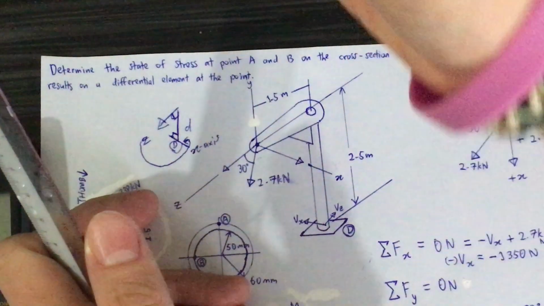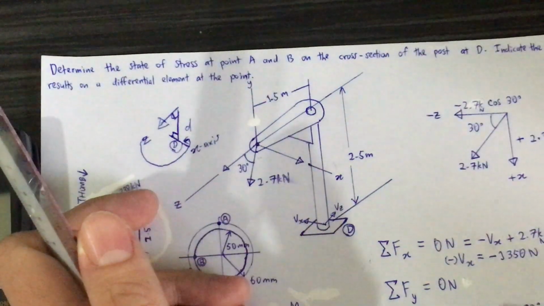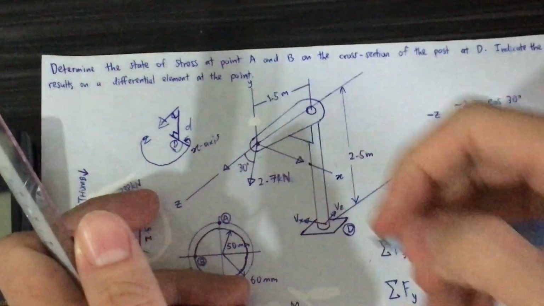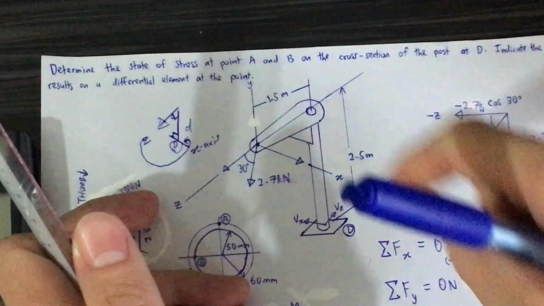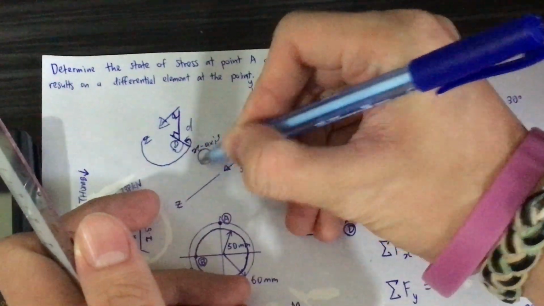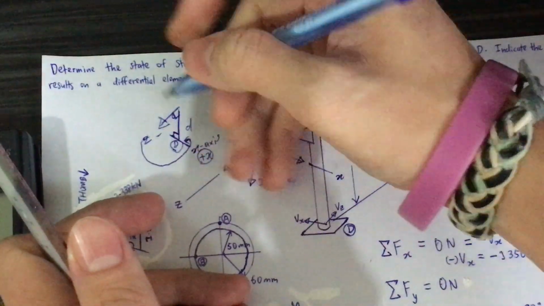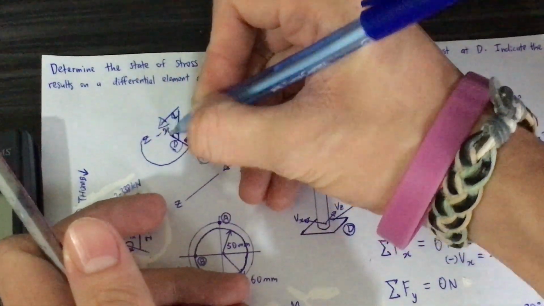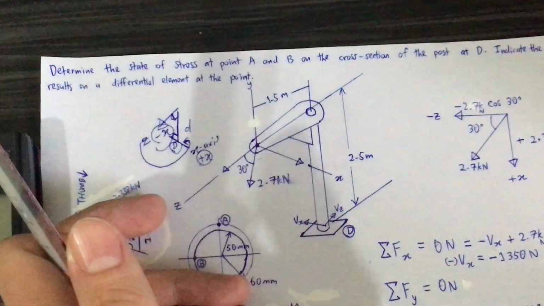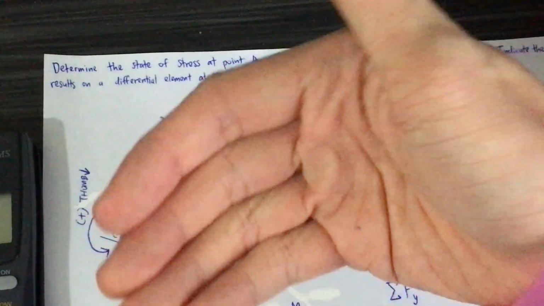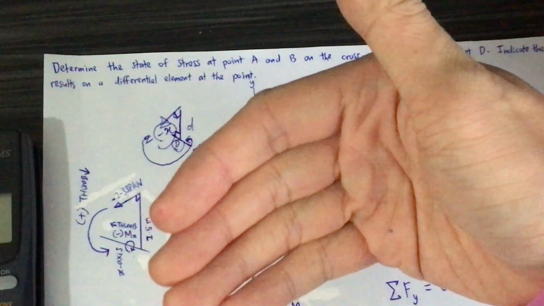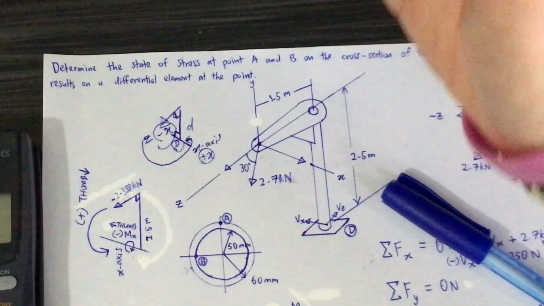You have to label the x-axis first. In front here will be positive x, and behind, it's self-explanatory, it's going to be negative x.